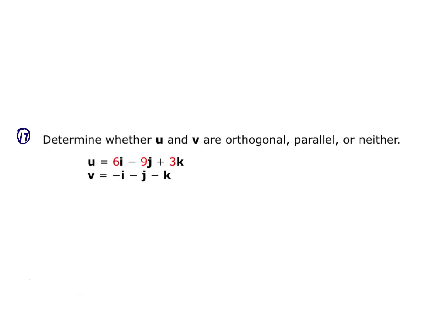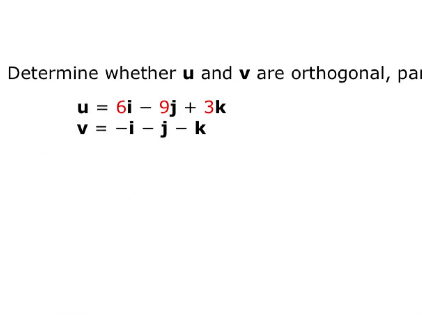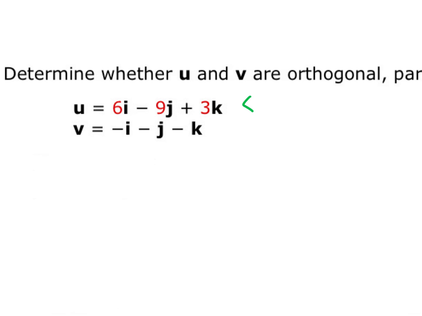So for 17, determine whether u and v are orthogonal, parallel, or neither. So if we want to, we can rewrite it in component form. So I have 6, -9, 3, -1, -1, and -1.